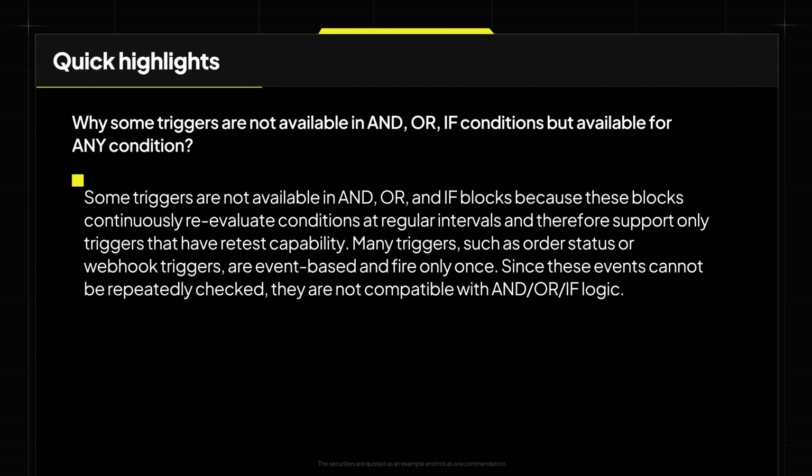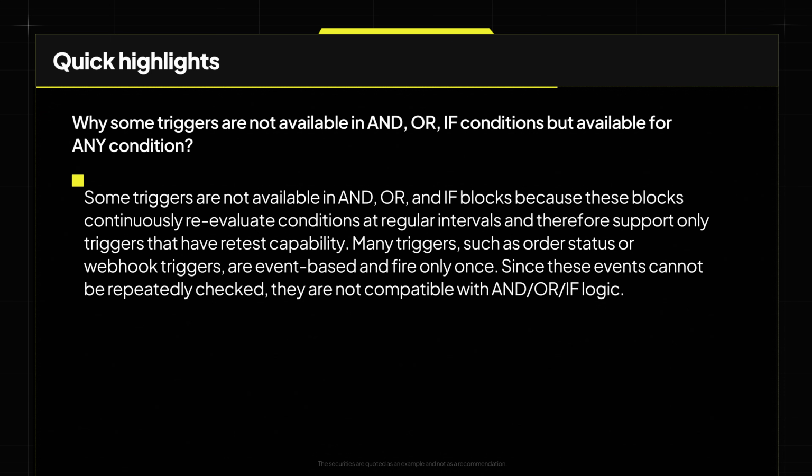Quick highlights. Why some triggers are not available in and, or, if conditions but available for any condition. Some triggers are not available in and, or and if blocks because these blocks continuously reevaluate conditions at regular intervals and therefore support only triggers that have retest capability.